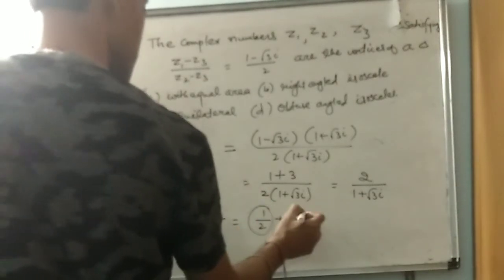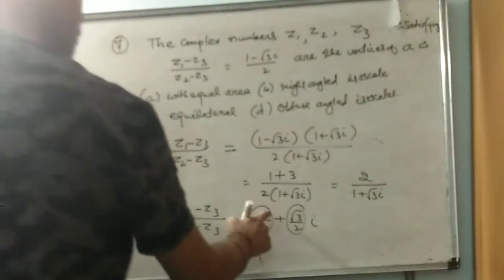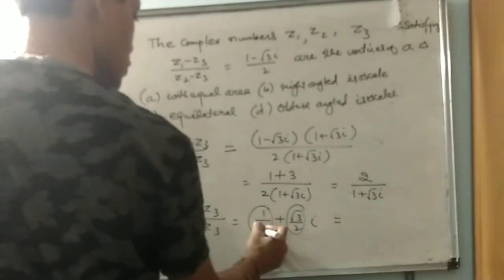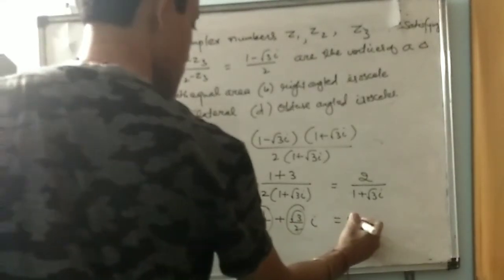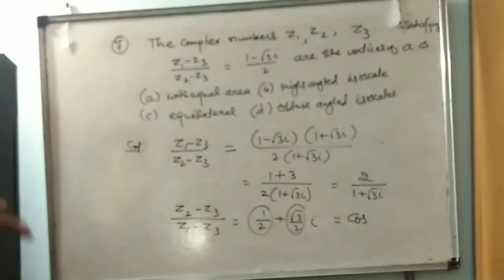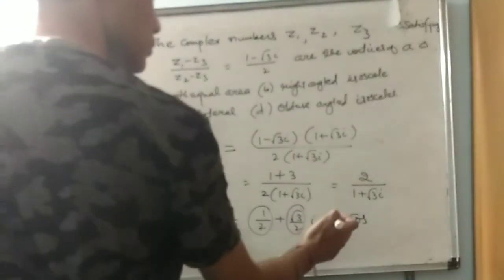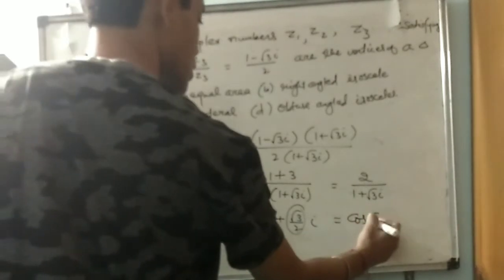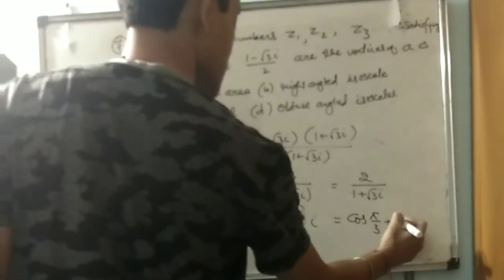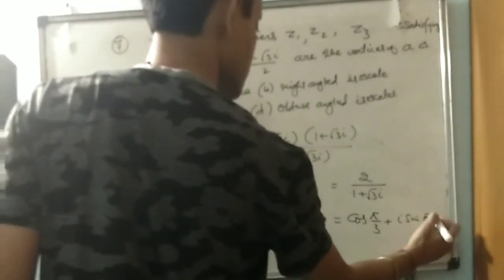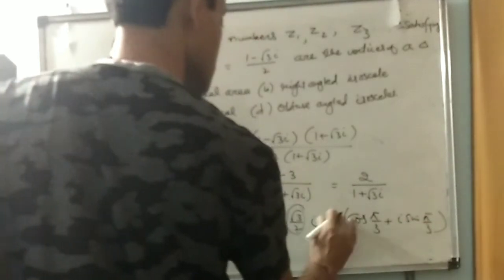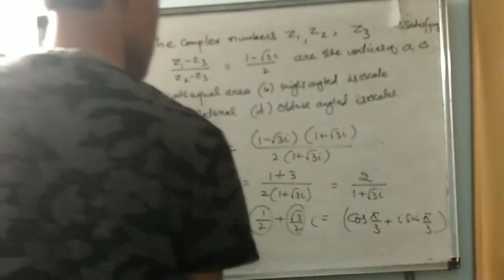Now it can easily be converted into polar form. This is related to cos part, this one is related to sin part. So this gives us cos pi by 3 plus iota sin pi by 3. Modulus is 1.